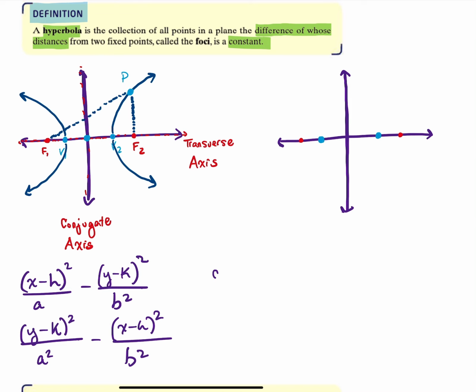The value a is the distance from the center to the vertex.